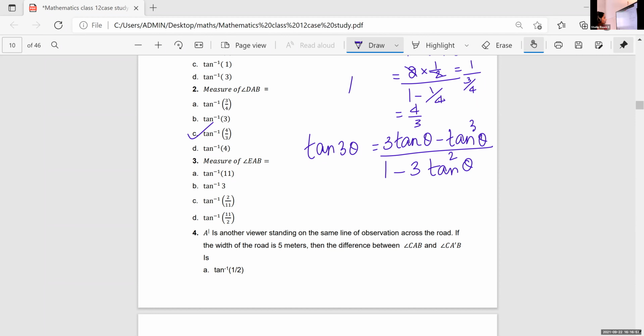What is the answer? Tan theta is 1 by 2, isn't it? Make it fast, children. 3 by 2, minus 1 by... Yes. Tan inverse of 11 by 2.